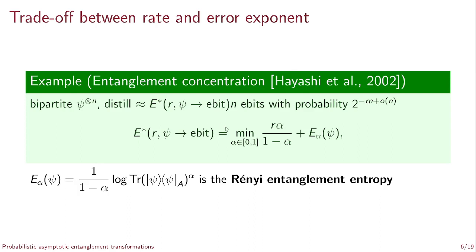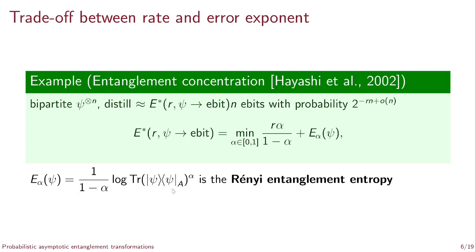And there's a formula for this optimal rate, which is given by an optimization over Rényi entanglement entropies. So the Rényi entanglement entropy of a bipartite pure state is simply the Rényi entropy of any of its marginals. So we can write it like this.